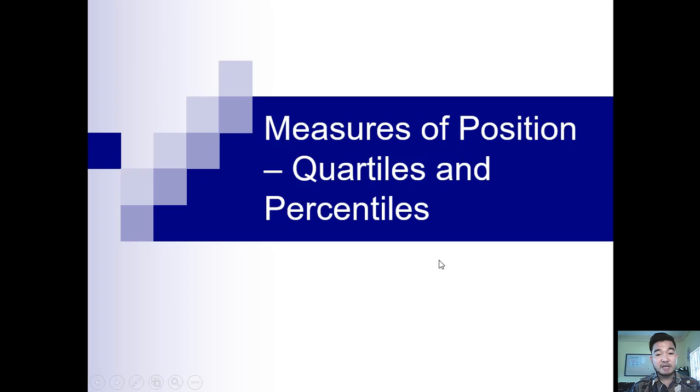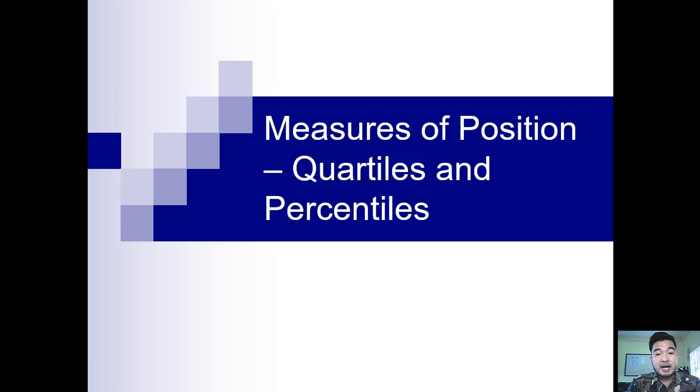Measures of position: we have the quartiles, percentiles, and also the deciles. In our previous discussions, we have the measures of central tendency, and under measures of central tendency, we have the mean, median, and mode. Then we have the measures of variability. Under the measures of variability, we have the range, standard deviation, and variance.